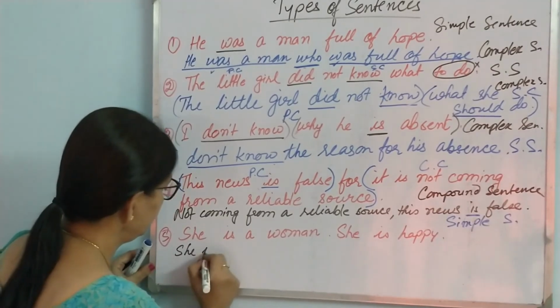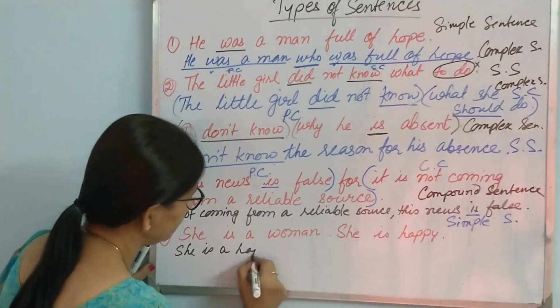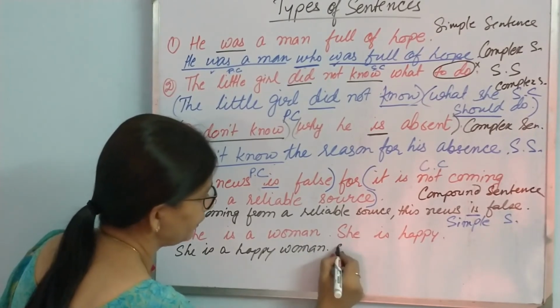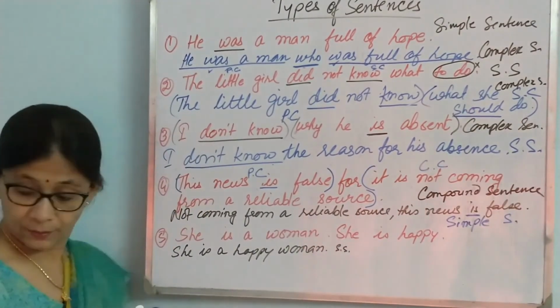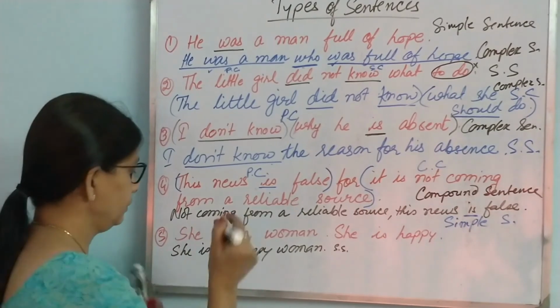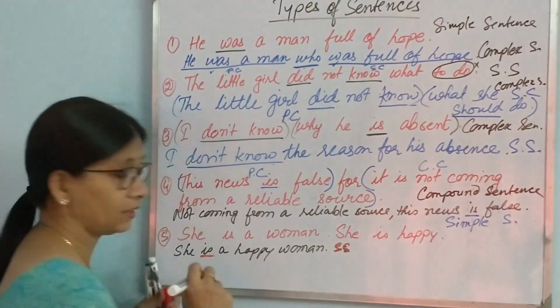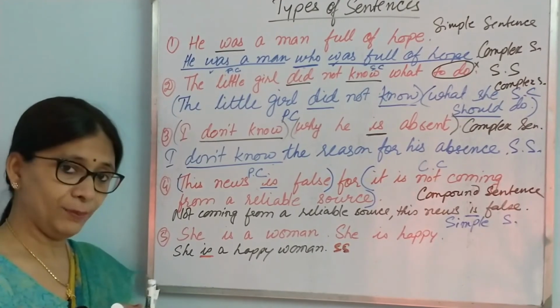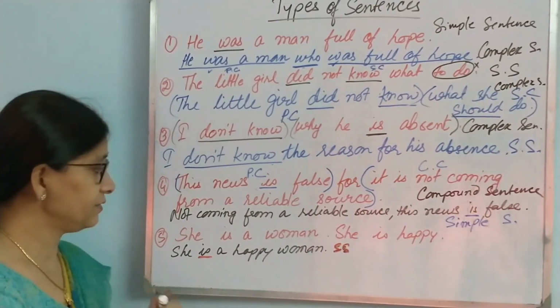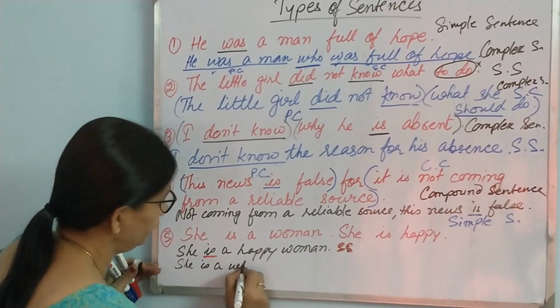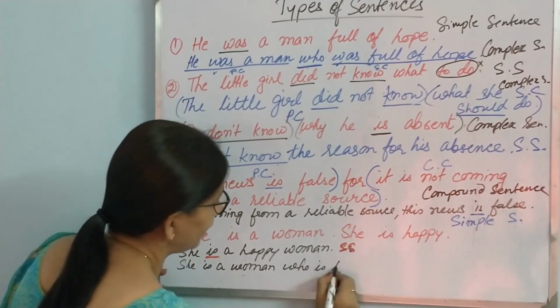She is a happy woman. This is a simple sentence, okay? Because it has got just one verb. This is a simple sentence. SS I am taking for simple sentence. Okay, can we make it complex? Let us see. She is a woman who is happy.